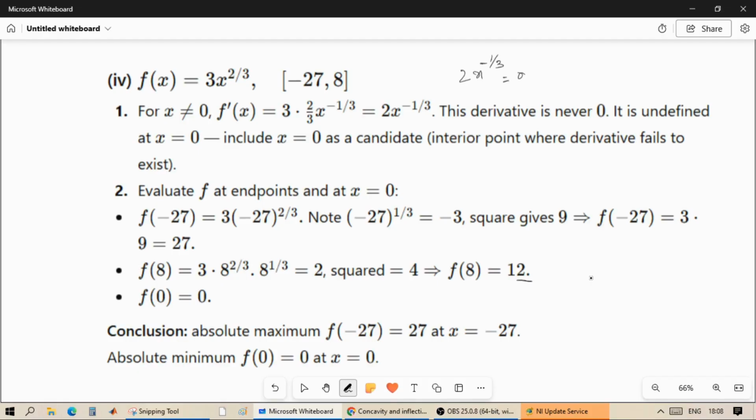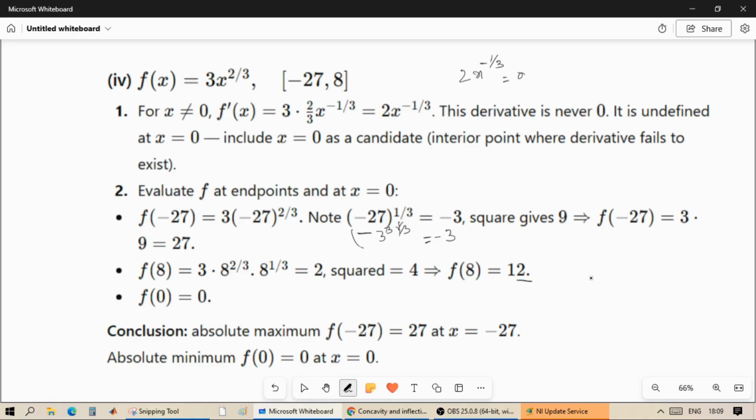We have to find the f value where f dash is undefined. So evaluate f at the endpoints and at x equal to 0, that is minus 27 and 8. First, let us see f of minus 27. This 27 can be written as 3 cube. So let us verify minus 27 whole power 1 by 3. We can write it as 3 power 3 whole power 1 by 3, the 3s cancel, that is minus 3.